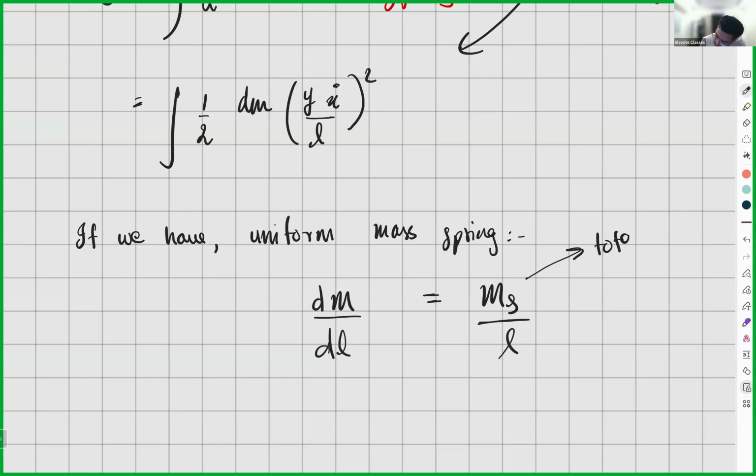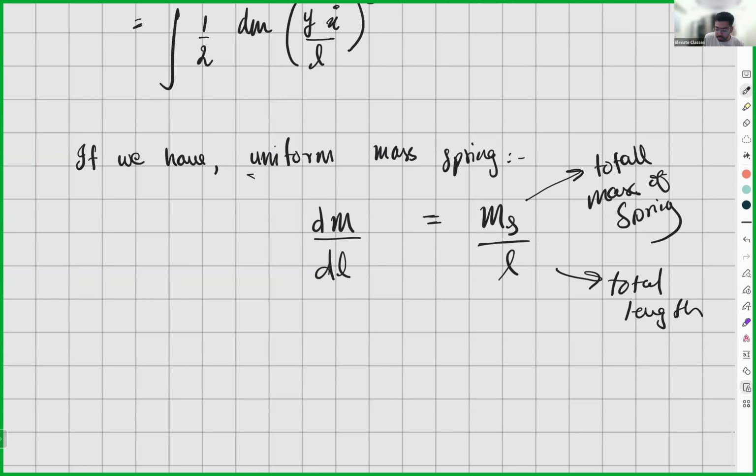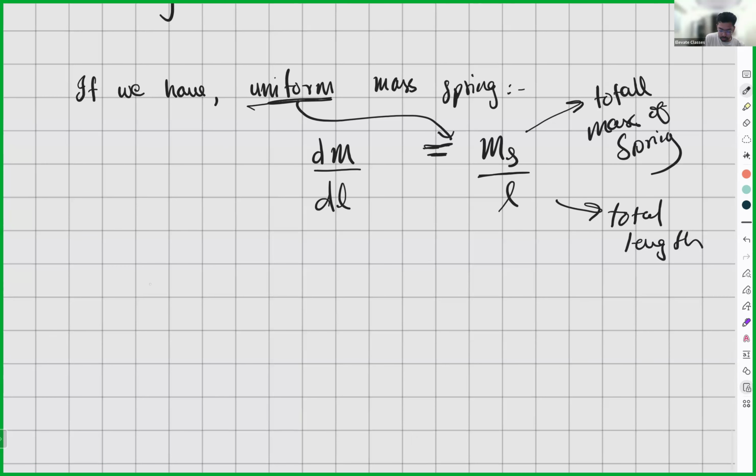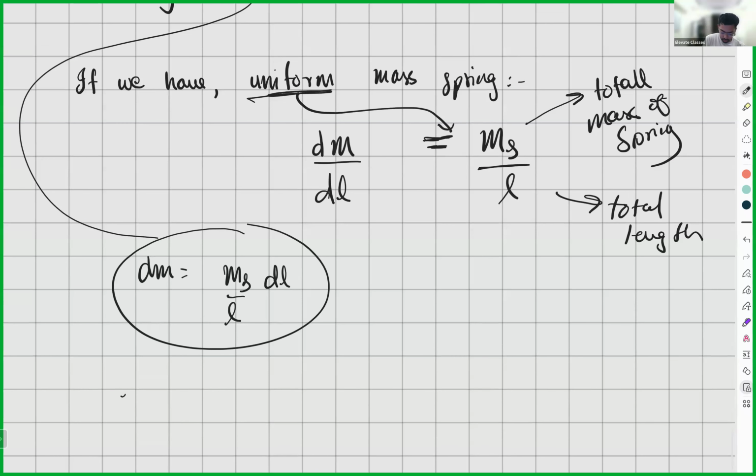This is the total mass and this is the total length. You use this in many places in physics: total thing divided by total thing is the elemental thing divided by the elemental thing. You can use this only when you have uniformity. So dm can be calculated as ms divided by L into dl. You put it in and you get the kinetic energy.